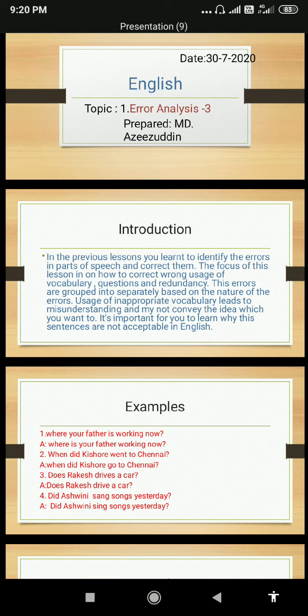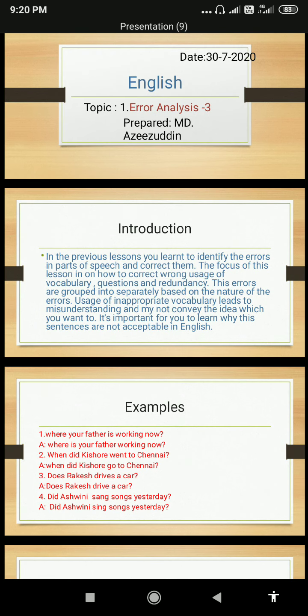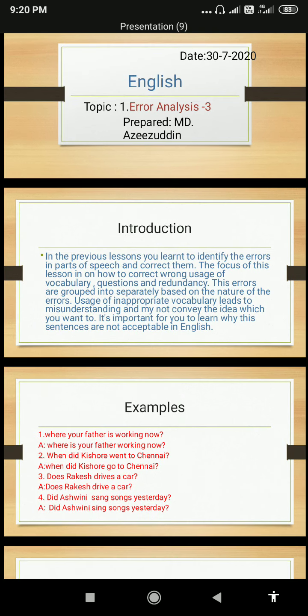In this class, you are going to learn error analysis 3. If you observe slide number 1, here you see the topic name, error analysis 3. In my previous classes, why do students commit mistakes?